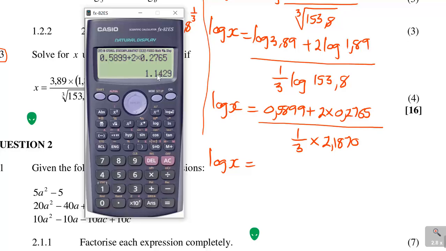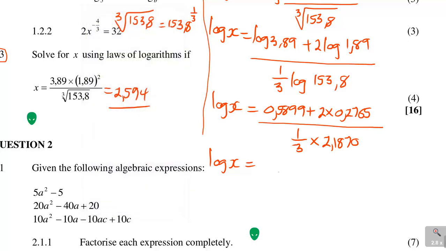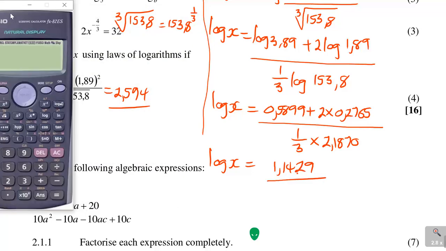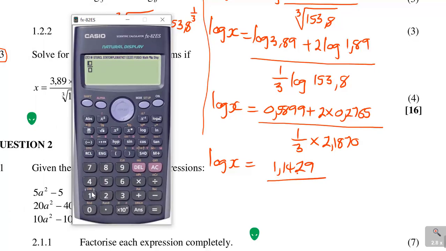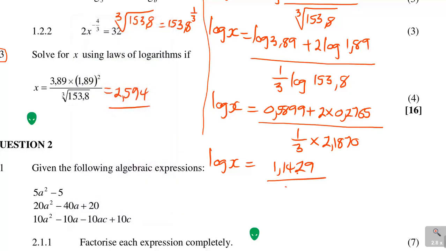It gives you 1,1429 over, then we find a third of that, which is 1/3 times 2,1870, then it gives me 0,729.